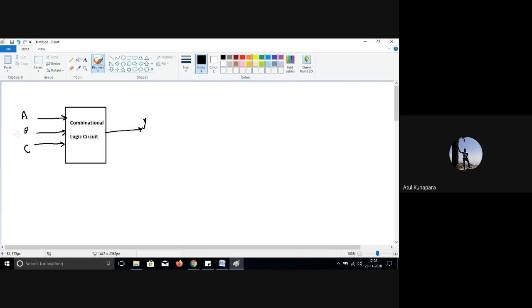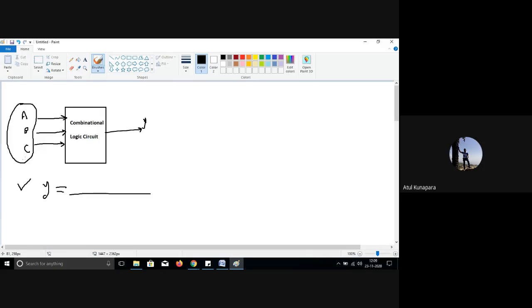In a combinational logic circuit, Y is equal to some Boolean expression, and that expression has only the variables A, B, C. There are 8 different min terms you can have for this 3 input case, and based on that function your output Y is only depending on the values of A, B, and C.